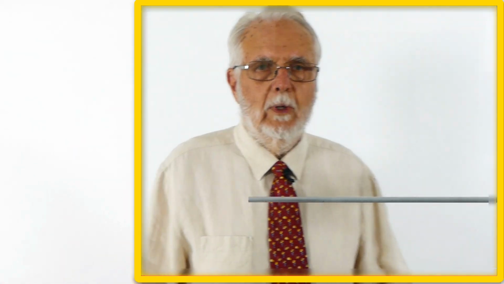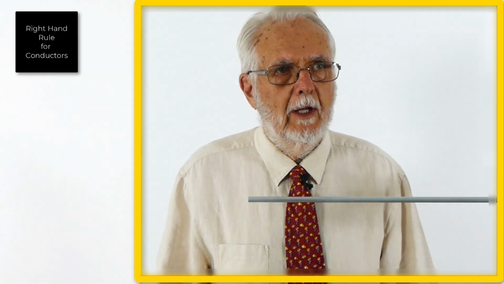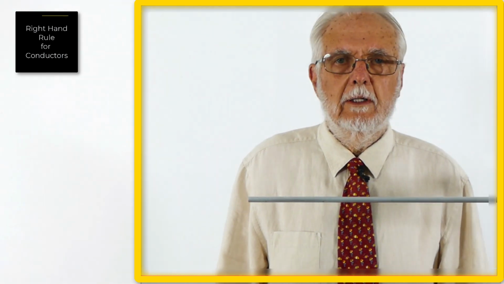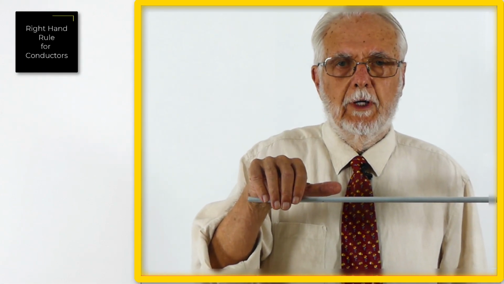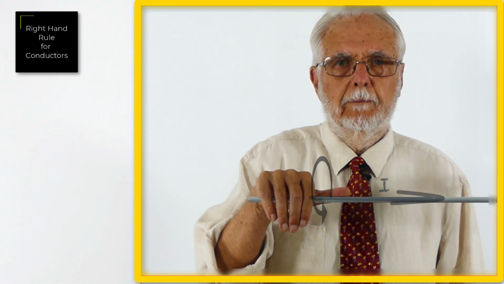The implication here is that it goes one way on the top and the other way on the bottom, which means that the magnetic field around a long straight conductor is cylindrical. If we make our right hand in the shape of a cylinder with the thumb in the direction of current flow, then the fingers are in the direction of the magnetic field.